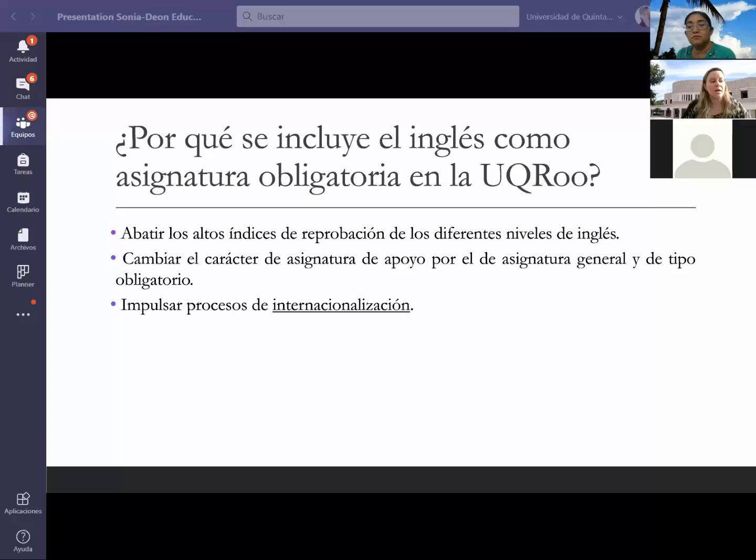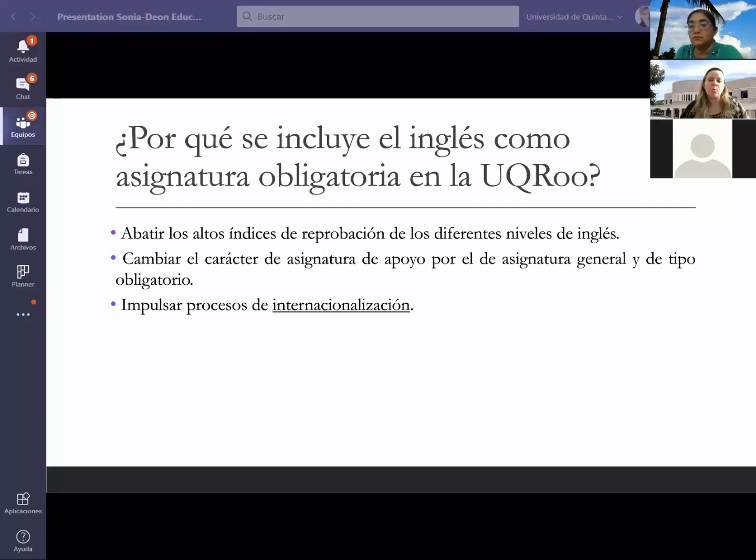Y en este sentido, internacionalización se definió en el nuevo modelo educativo que surgió en ese momento como el uso de bibliografía, por ejemplo, y referencias en los planes de estudio que estuvieran en inglés, tratar de apuntalar un poco más hacia invitar a profesores de otros países, por ejemplo, a que dieran alguno de los cursos en inglés, que los profesores de UCRO también se fueran capacitando en esta cuestión del inglés, y entonces empezara a haber más movilidad y más internacionalización de los profesores, estudiantes y demás, ¿no?